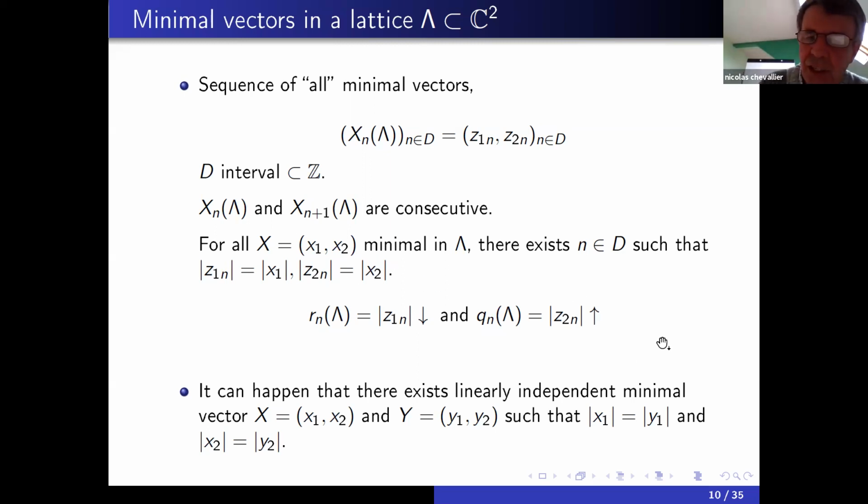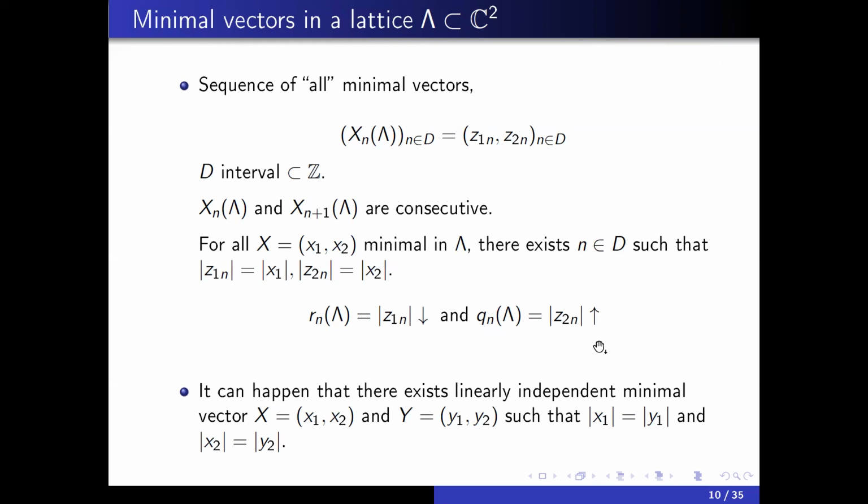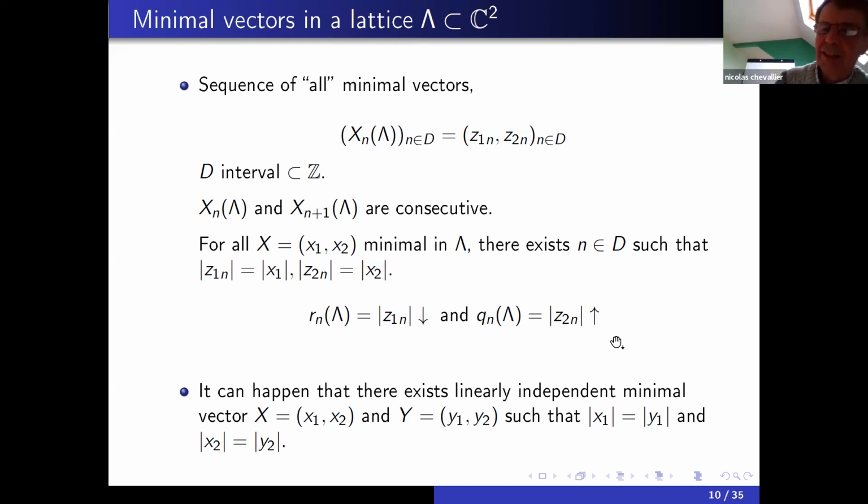And then the other one is decreasing from the fact that it's minimal. The inequality must be in the other direction for the other coordinate. And here we have only two coordinates. It is easy because of this.